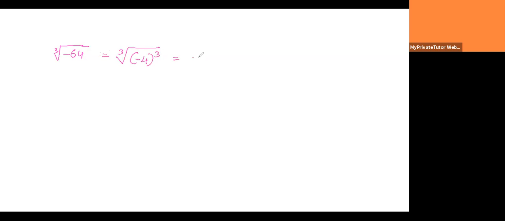So we'll get minus 4 power 3 whole power 1 by 3. The 3s cancel out, and we'll get the answer as minus 4. That's how it works. So yes, the cubic roots of negative numbers work. Again, we'll get the answer in negatives, so just use the same method.